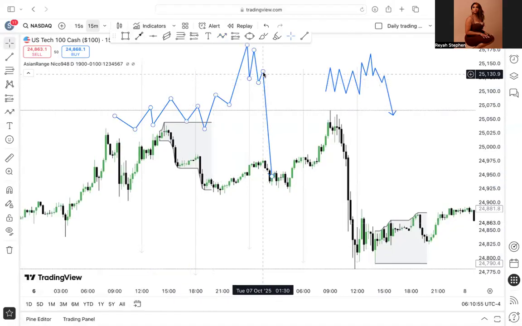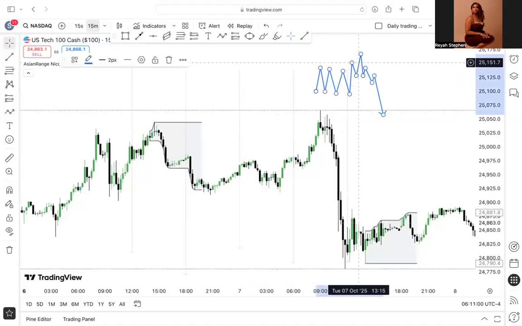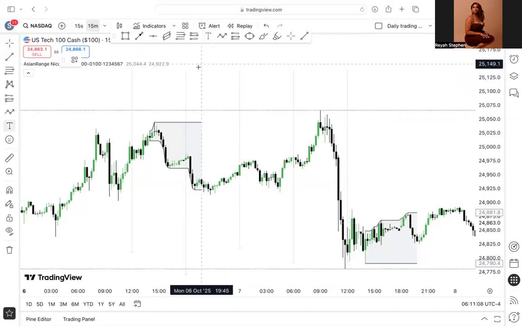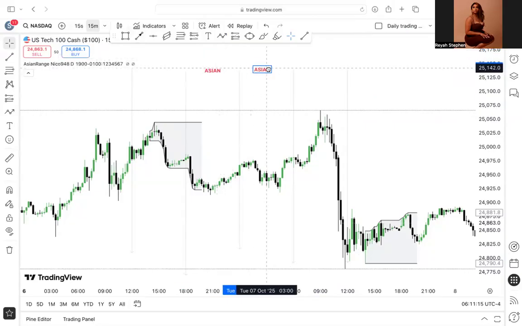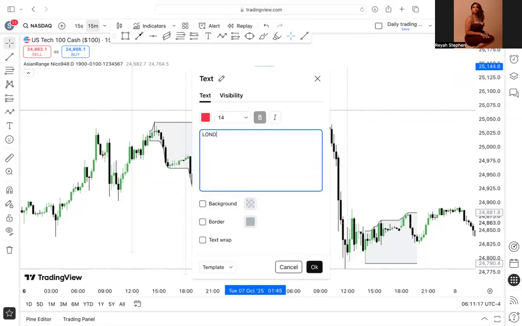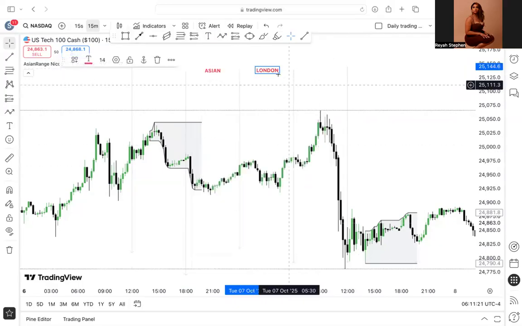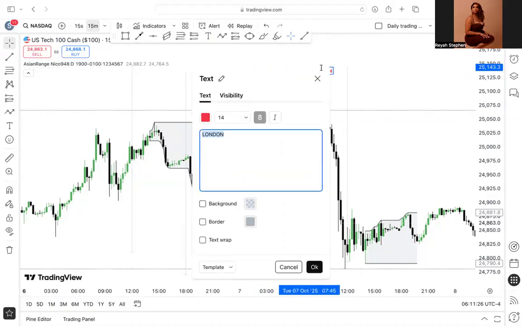Let's actually analyze how this trade has been taken. So what I'd like to do is you have to look out for session liquidity. So in each of the sessions, let me actually write this out. Asian, London, and then New York.